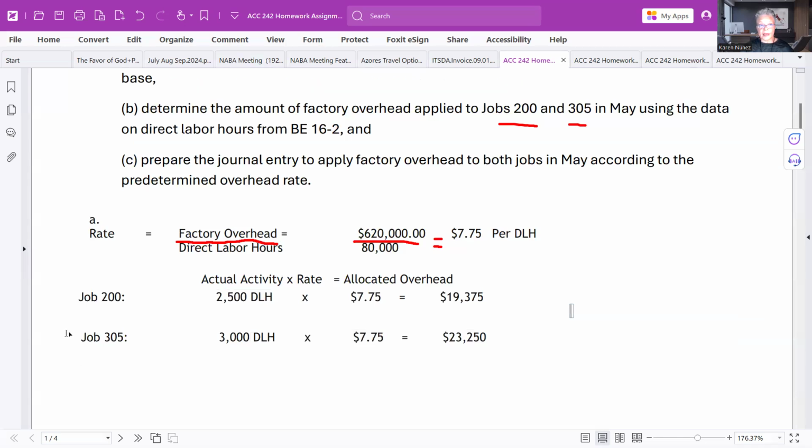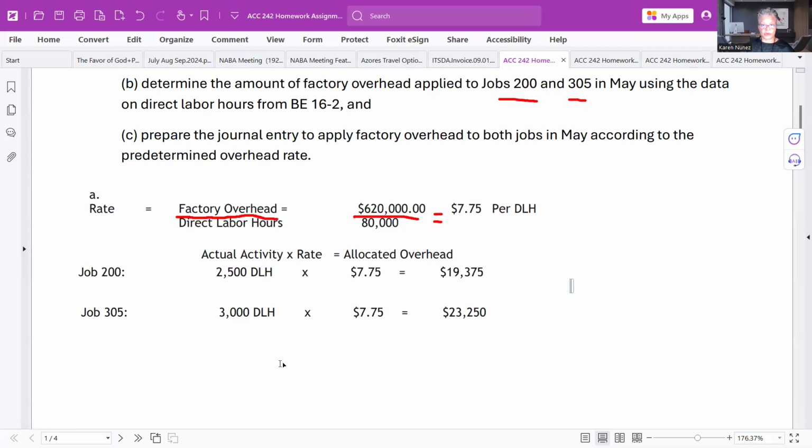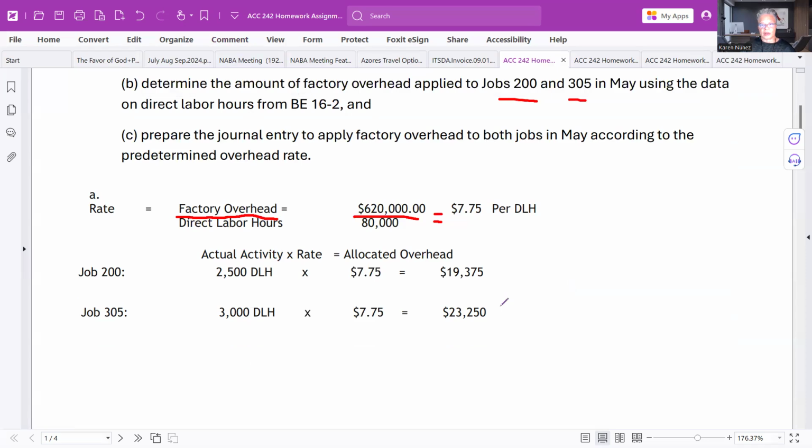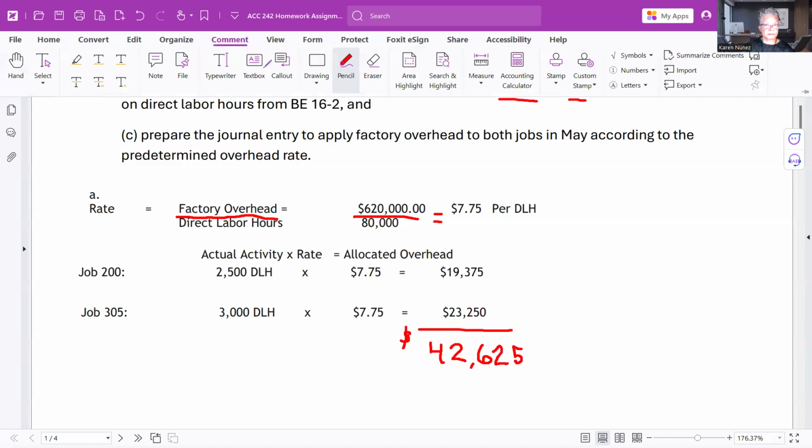If we put in a total, the sum of the two is $42,625. That's the total overhead for these two jobs that we've just allocated using the predetermined rate of $7.75.